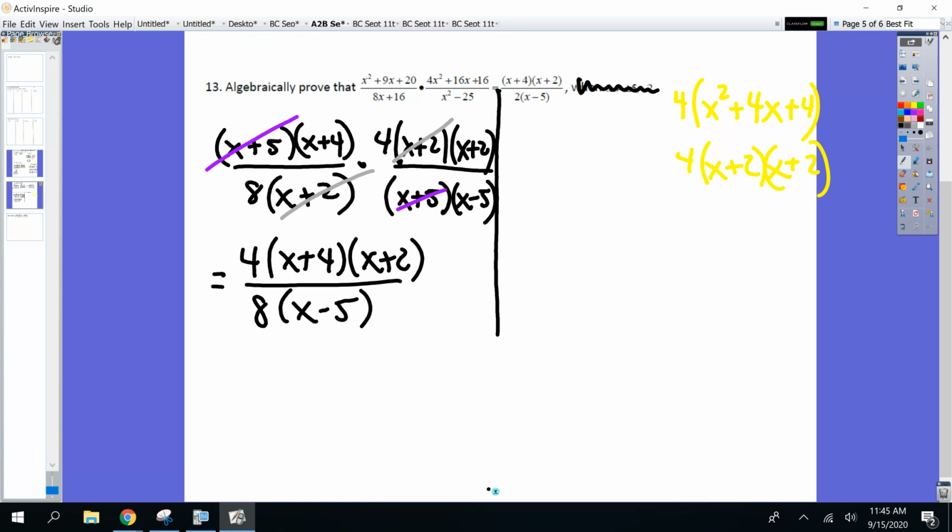Yeah, go. 4 and the 8? Yeah. And what's the 4 and the 8 reduced down to? By what? Half, yeah. There it is. So even though Sophia didn't see it there, that's fine. That's not wrong. You rewrite it and you're going to be like, oh, shoot, look it, I got a 4 and an 8 there. Doesn't matter when you see it. Just matters that you do see it.